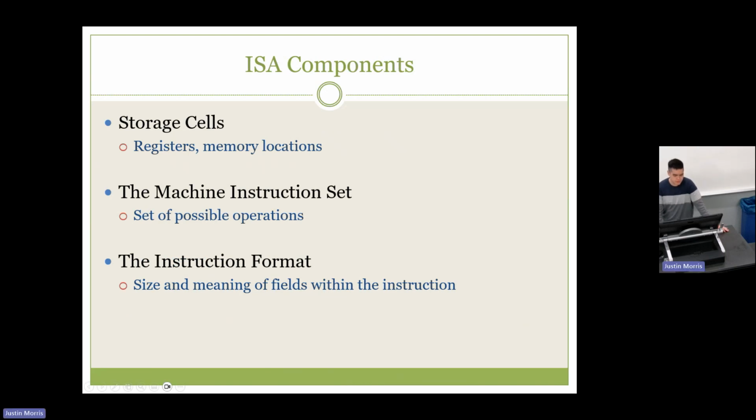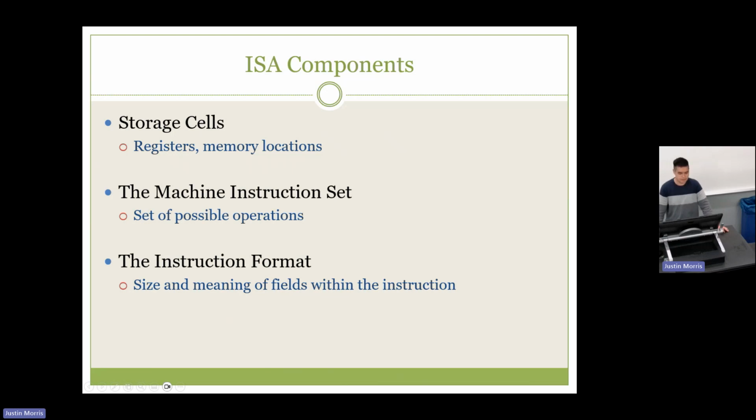So the different components that go into the ISA are going to be what kind of storage is available. Is it registers? Is it memory location? Is it only memory location? Things like that. But for MIPS, you have registers and you have memory. And then what are the possible set of operations?